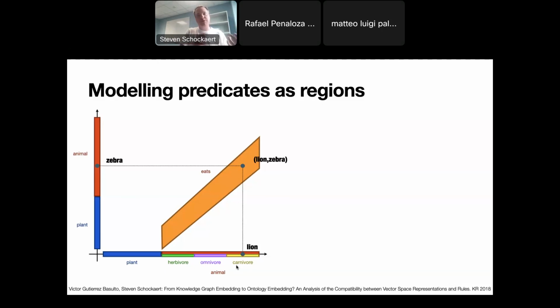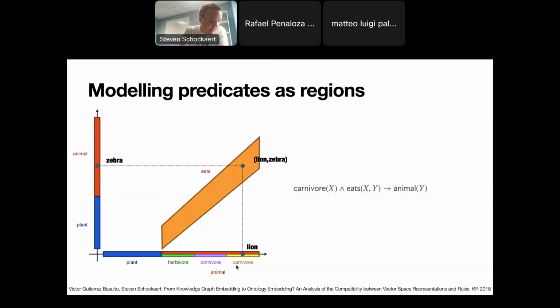We can also represent rules based on the spatial arrangement of these regions. So here in this example, we have the rule: if X is a carnivore and X eats Y, then Y is an animal. That rule is satisfied in this representation. Why is that the case?